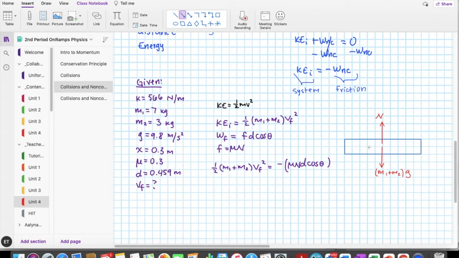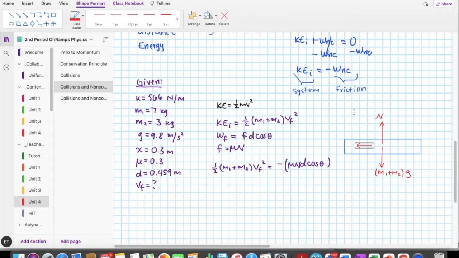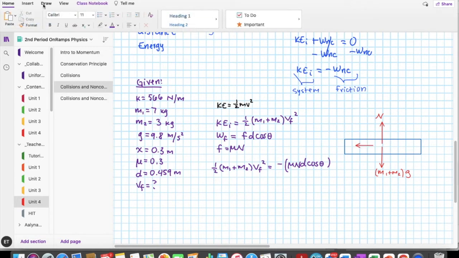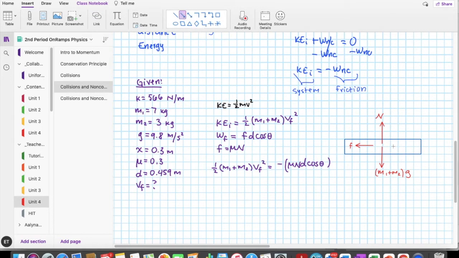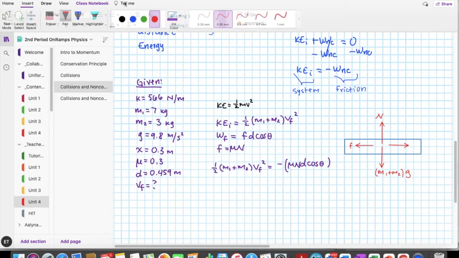If the direction of movement is to the right, we have a force of friction like this. And then the spring applied a force in this direction. Again, maybe the magnitudes are not precise, right? So I'm going to call this the force by the spring.